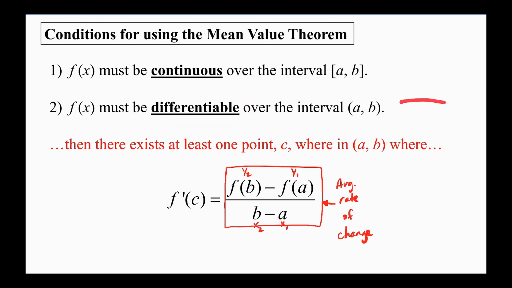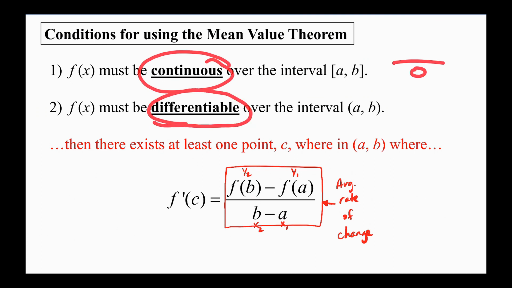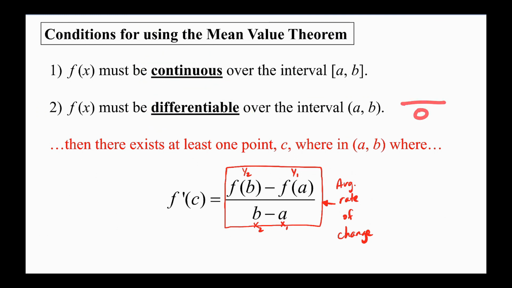Essentially, these two are asking the same question: would you ever plug in and get a 0 on the bottom? This one asks it for f of x, this one for the derivative. If you plug in any number between negative 6 and negative 3, would you ever get anything that's undefined?